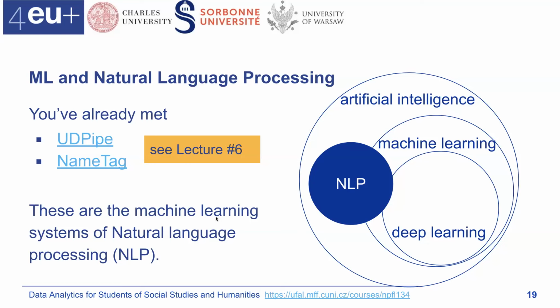And both procedures are machine learning based. So we first had to prepare examples to train these models, right? These two systems are machine learning systems of natural language processing.